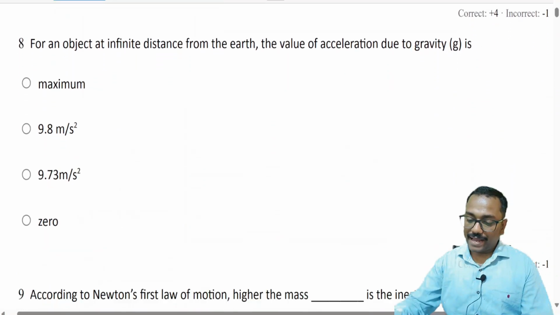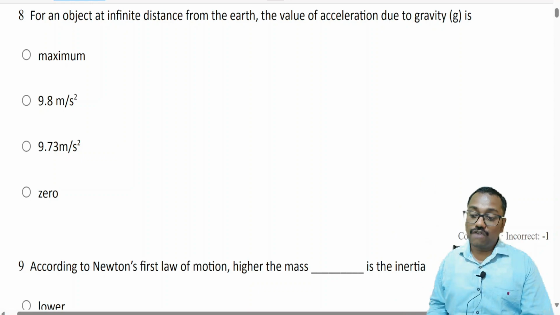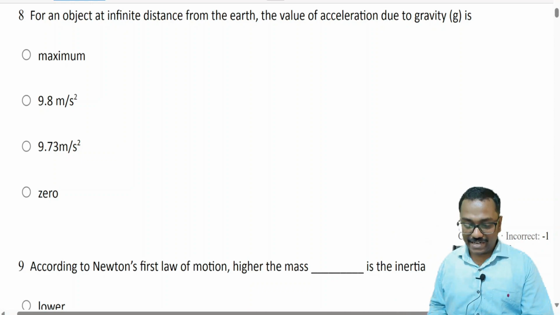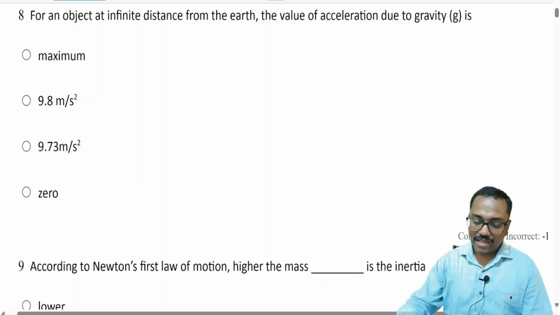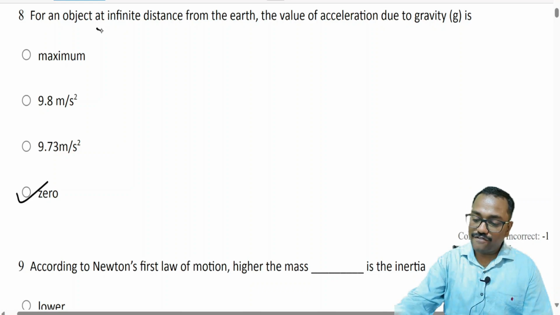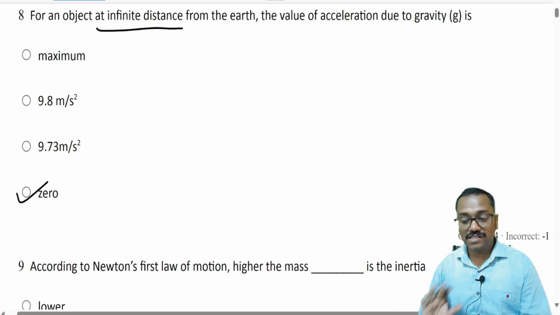Now question number 8, for an object at infinite distance from the earth, the value of acceleration due to gravity is, option 1 maximum, option 2 9.8 meter per second square, option 3 9.73 meter per second square, and option 4 0. So its answer is 0, because at infinite distance the value of gravity becomes 0.